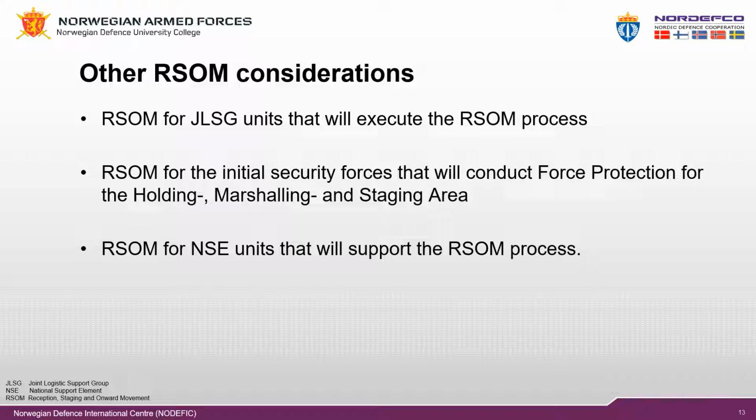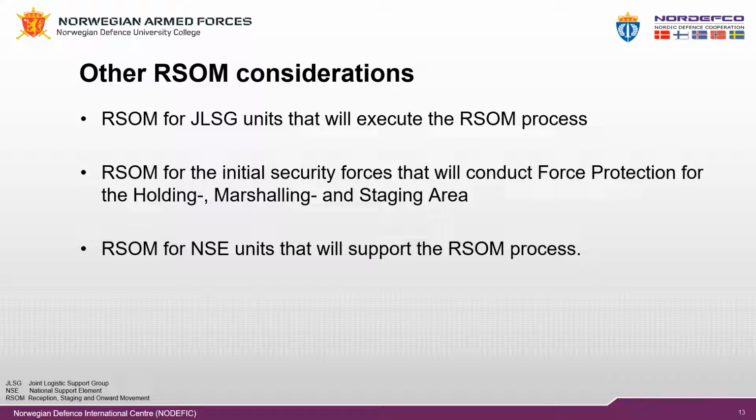In general, there are 3 different units that will arrive before the reception, staging, and onward movement process can be operational. It's important that also these units and their need of logistic support is coordinated between Joint Task Force, Commander Joint Logistic Support Group, respective national support elements, and host nations prior to the initial deployment.